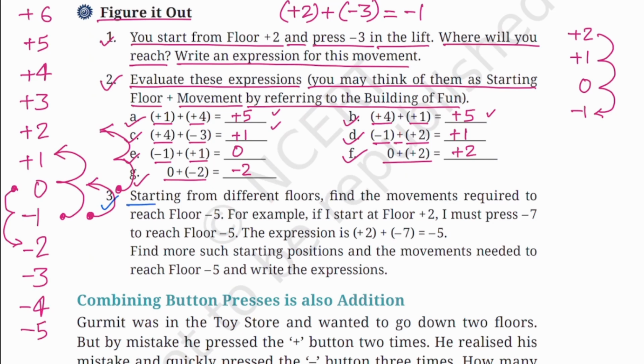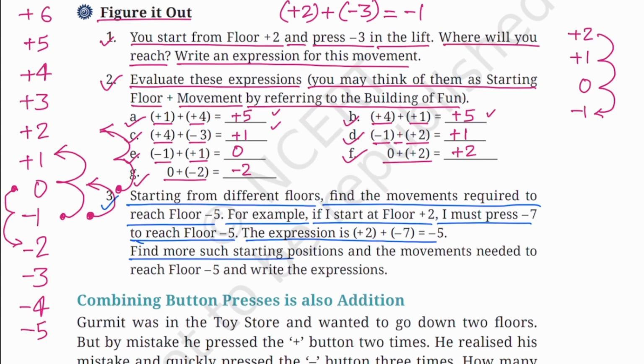3. Starting from different floors, find the movements required to reach floor minus 5. For example, if I start from floor plus 2, I must press minus 7 to reach minus 5. The expression is plus 2 plus minus 7 is equal to minus 5.